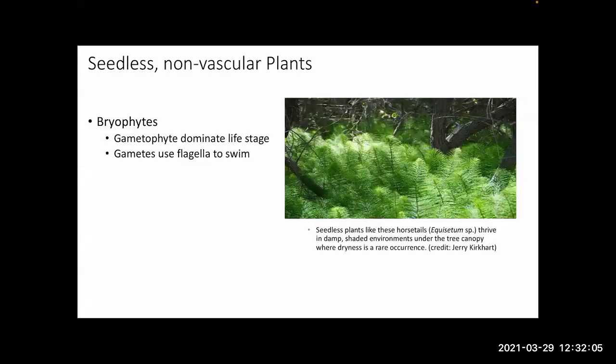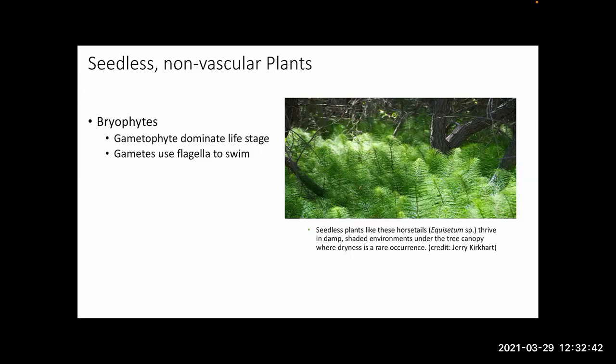So here's an example of horsetails shown in this image. You actually can go up into the Sierras in the higher elevations and find horsetails. There's one place we really like to go camping near Kennedy Meadows, and whenever we're out walking along the Stanislaus River, you see horsetails on the riverbank all over the place. And these seedless plants like the horsetails are part of the bryophyte... I'm sorry, they're not part of the bryophyte grouping.